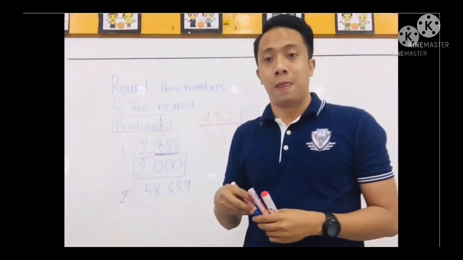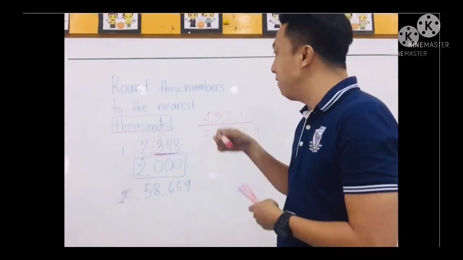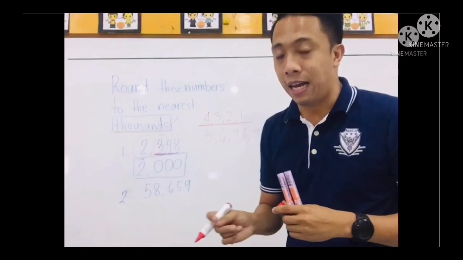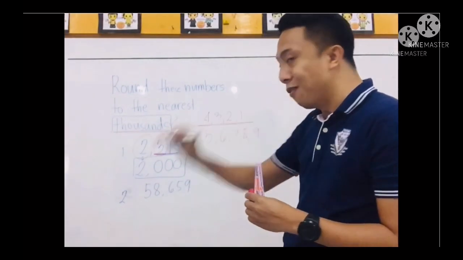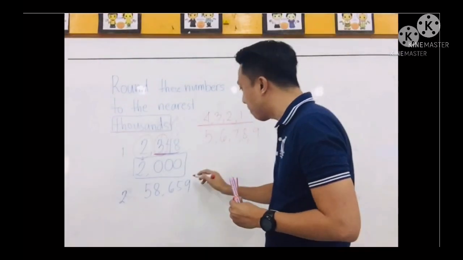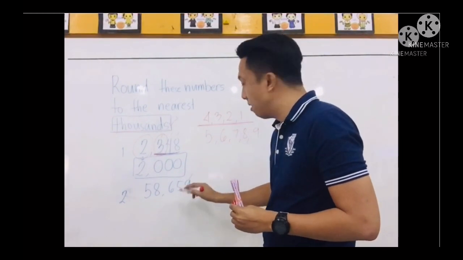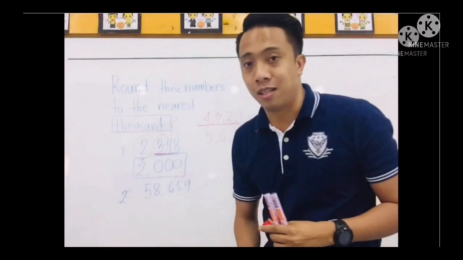58,659. Alright? So remember, our given place value here is thousands place. So we need to identify first the given digit in thousands place. Let's start with 9. Ones, tens, hundreds, thousands.